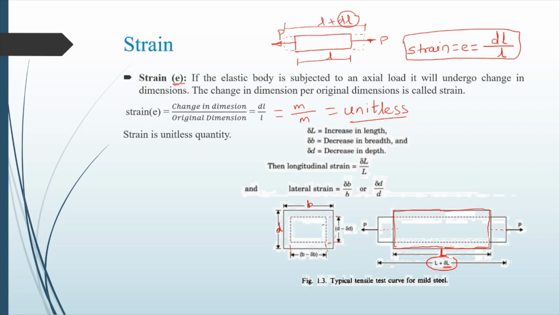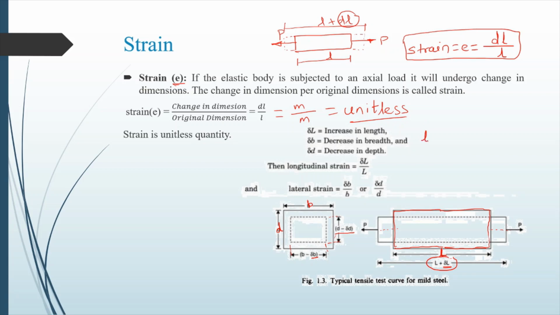The depth is decreased by delta D, and width is decreased by delta B. So final dimensions will be L plus DL as the length, then B minus delta B as the breadth, or we can say width, and D minus delta D as the depth. Okay, so here we'll be studying two types of strains.